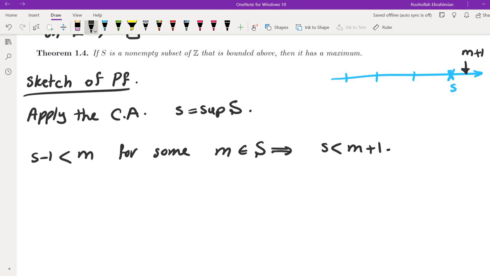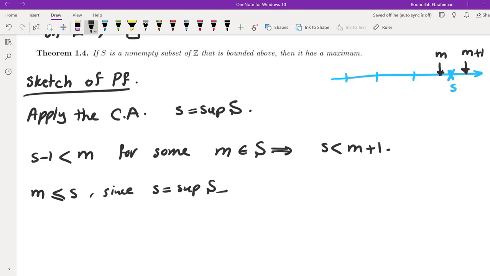So M is more than S minus 1 and M is in S. But M is less than or equal to S. We know that because S is the supremum. So that means M is somewhere around here.